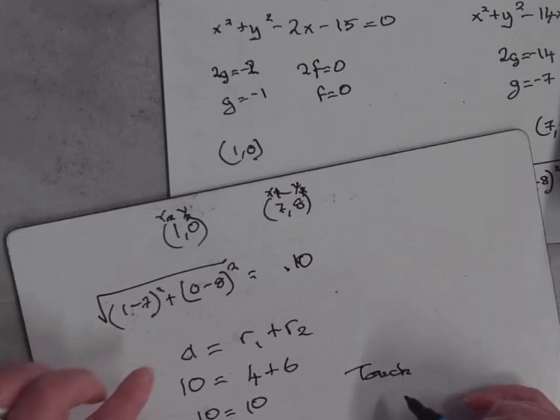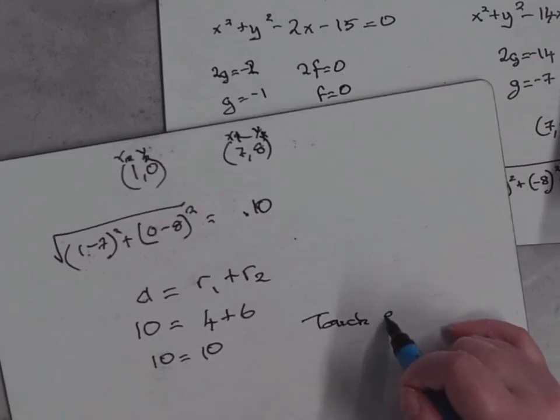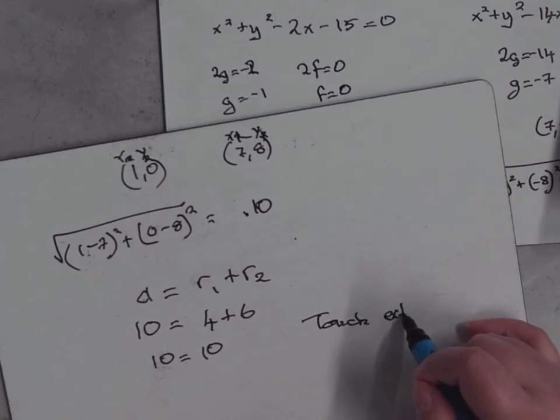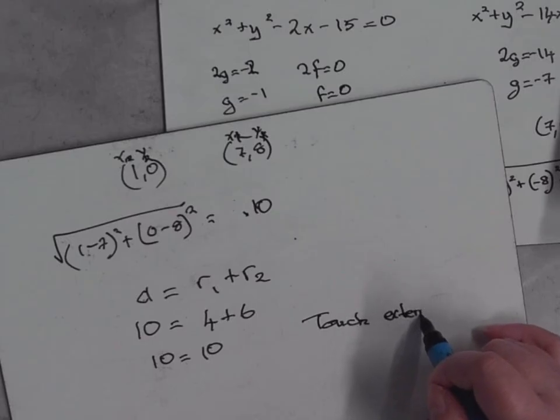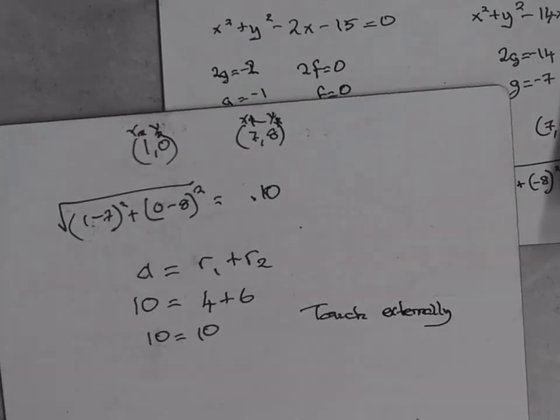Okay, so it's really important to write this bit. Don't leave them to put it together, okay, you put it together for them. Is that alright? So the question is, do they touch externally?